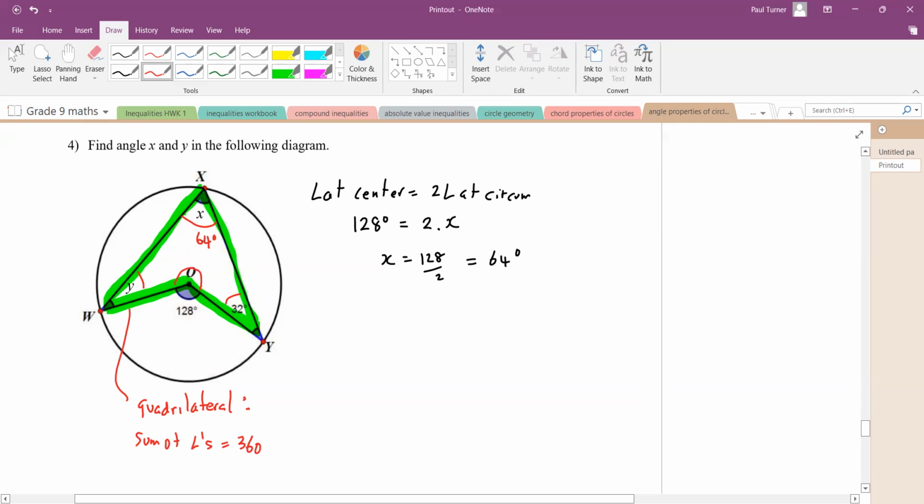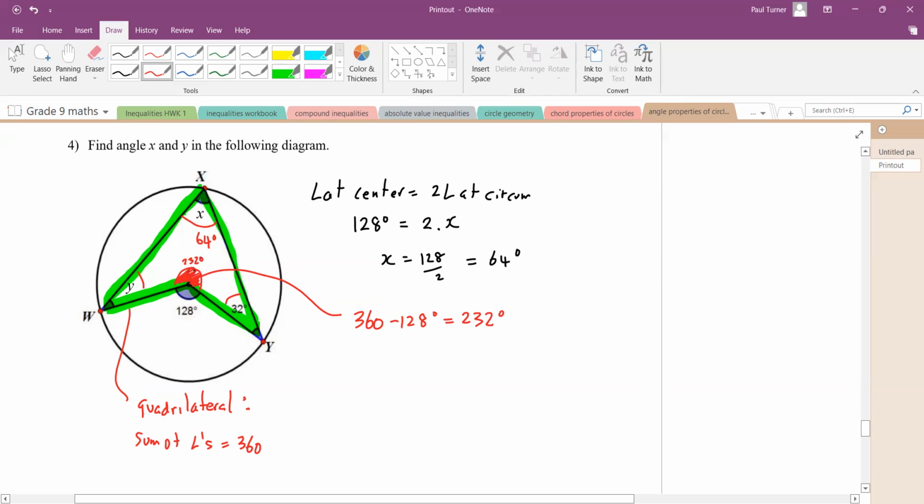So we know this one, we know 64, we know 32, but now we need to know this angle here, which is going to be 360 minus 128, which will give you 232 degrees. So this is 232.